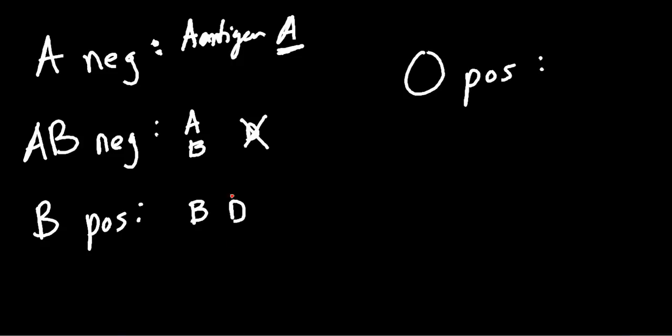This antigen D, the D antigen, is going to indicate that it's Rh positive. And then lastly, we'll go to O positive. O positive, we're not going to have A, we're not going to have B, but we will have a D marker. We're going to have that D antigen present. So these are some of the examples.